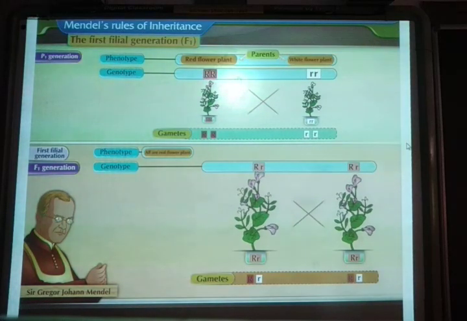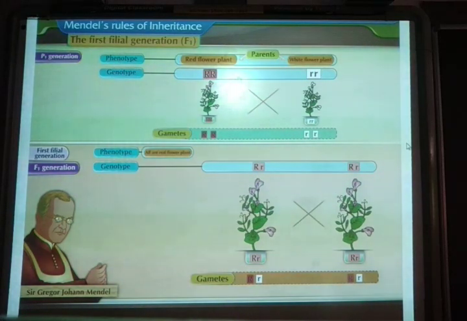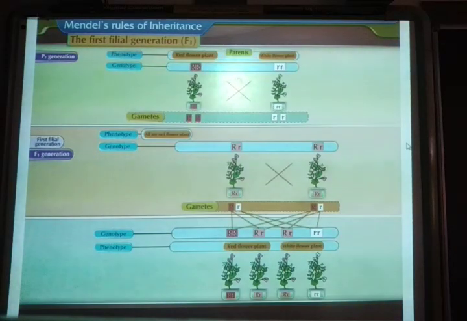He crossed the plants among themselves or carried out self-pollination, that is, capital R small r cross capital R small r. This resulted in a successively new generation different from the previous one, which is called the second filial generation or F2 generation. The second filial generation, F2.